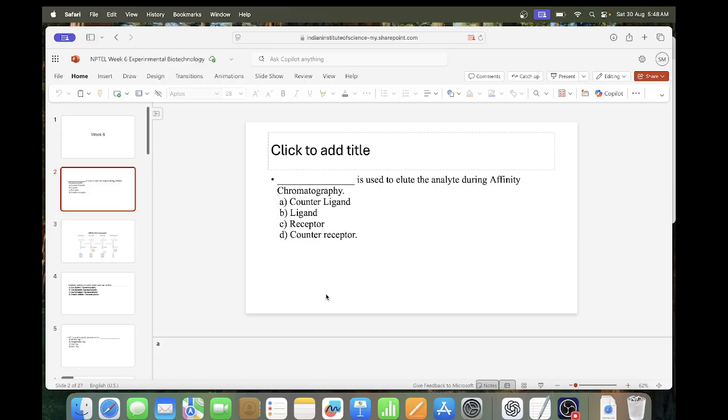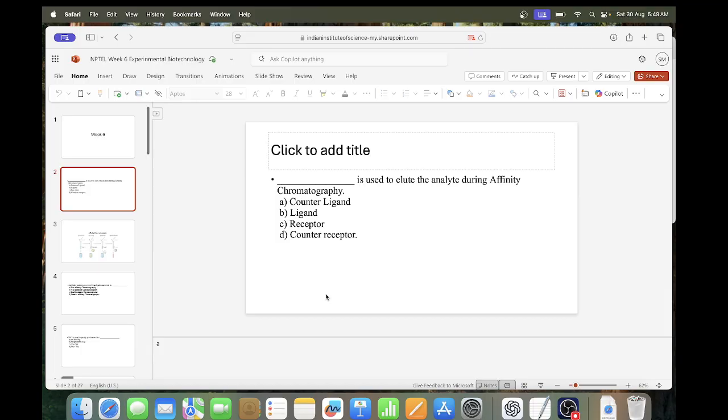Now what this does is it forms a 3-dimensional geometry where it can create coordination with nickel and cobalt as well. So this is one example of affinity chromatography.